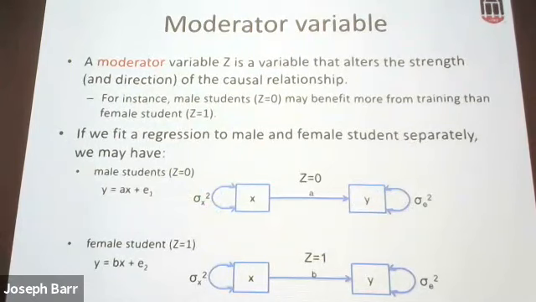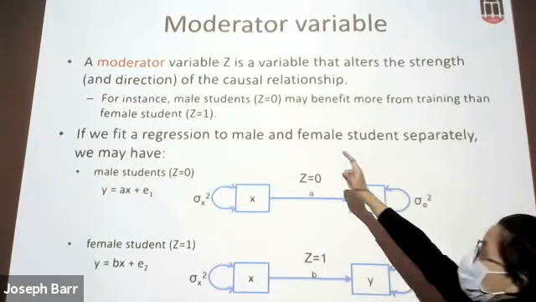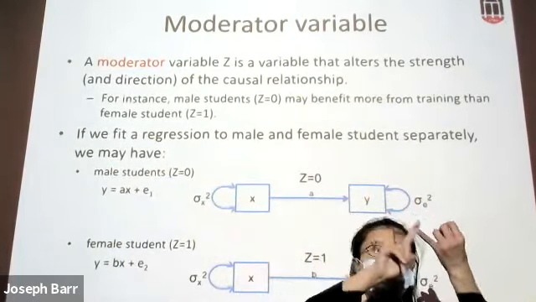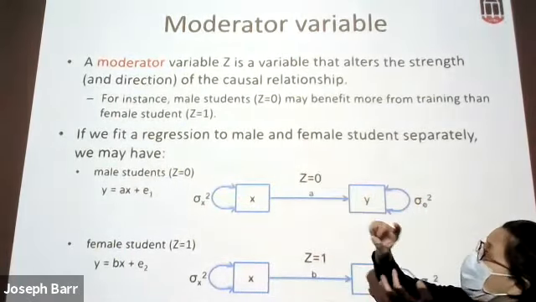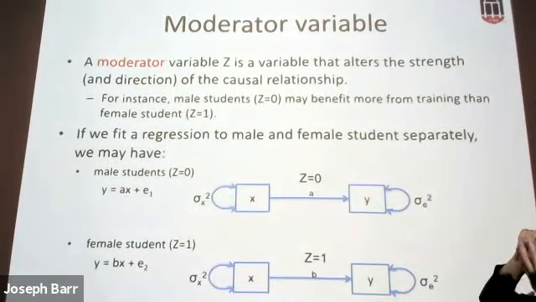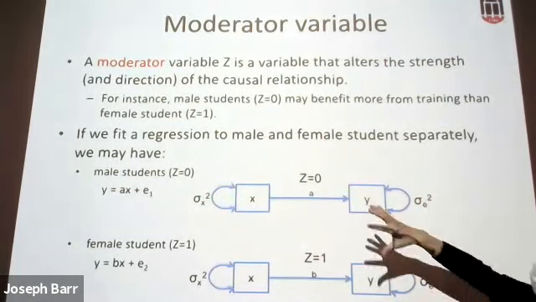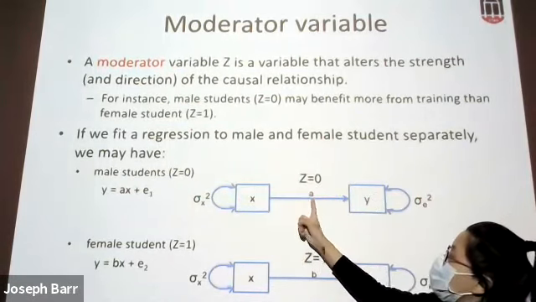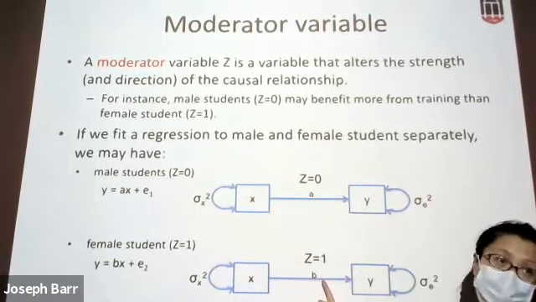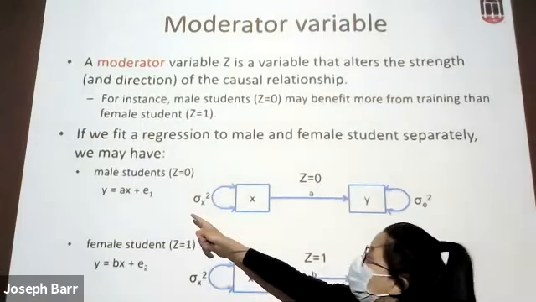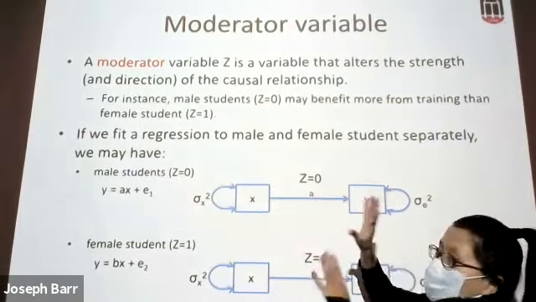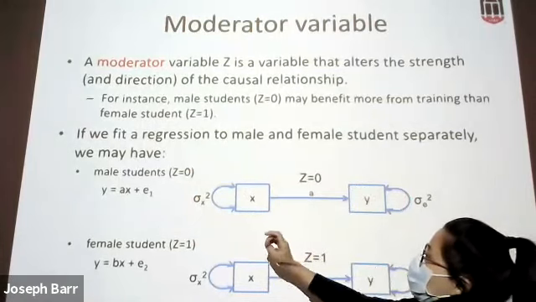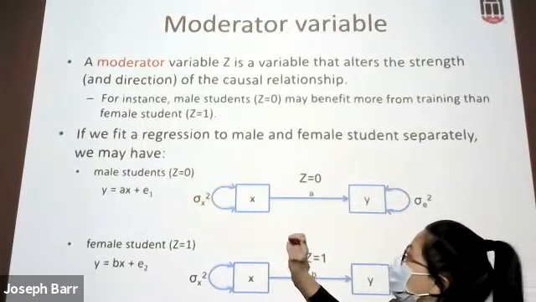And now let's make this case a little bit more complicated. We have another variable, a third variable, Z. For example, Z is gender. We have two groups, female and male. Okay, Z could be 1, could be 0. For different groups, the coefficient here might be different. So, for example, the same model and the same data, but different groups of data.